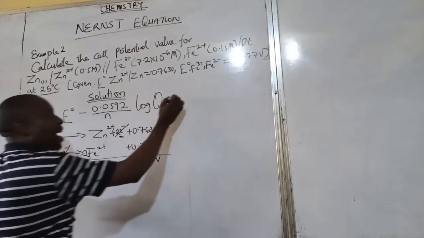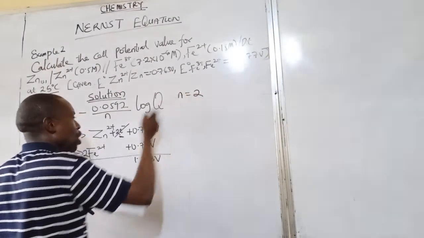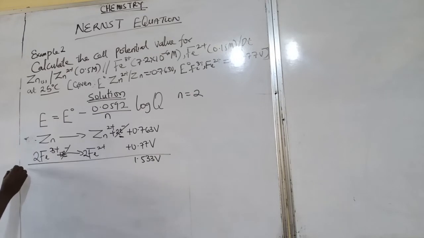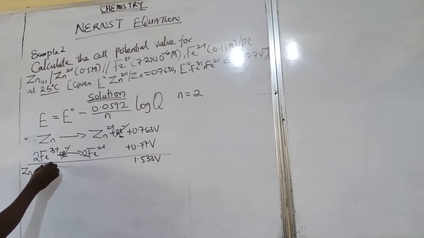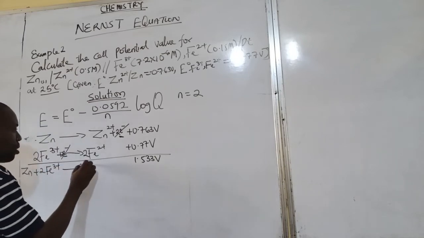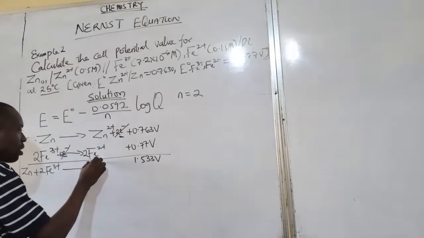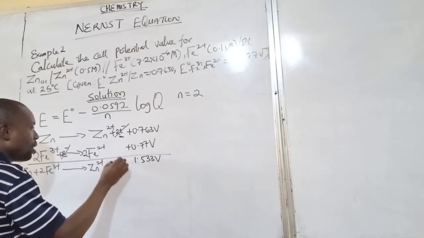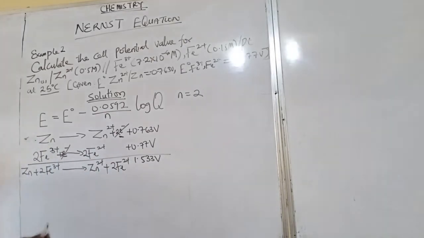But don't forget that your n is also 2, the number of electrons transferred. So you add them up, and you're having zinc plus 2Fe3+ to give zinc ion plus 2Fe2+.